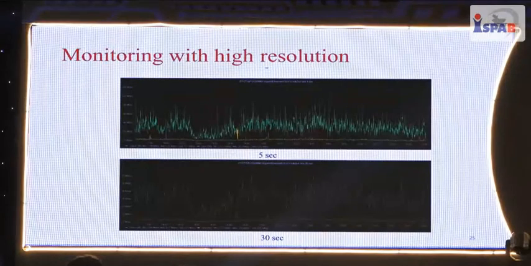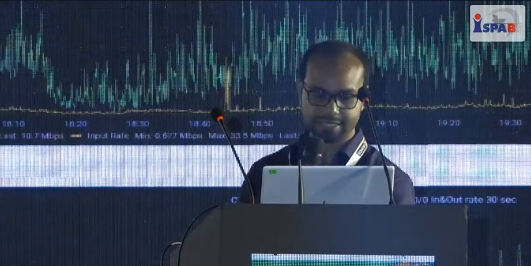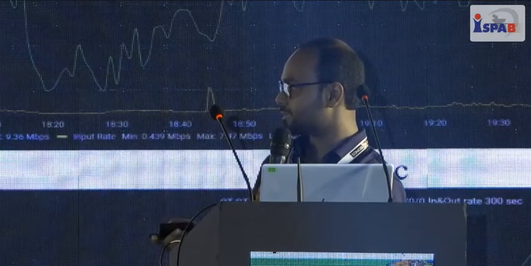Here we can see the actual difference between 5-second and 5-minute real-time values. Here we can see lots of traffic is coming, and lots of spikes are getting detected at 5-second interval. We can see the maximum utilization is at 100 Mbps, but at 5 minutes we can see no significant spikes there.